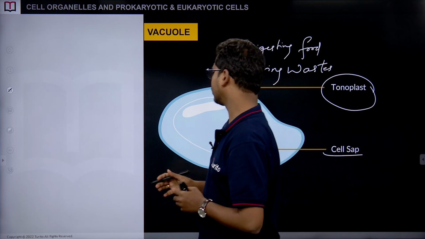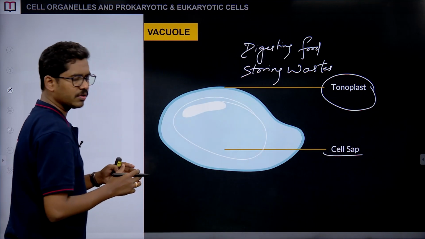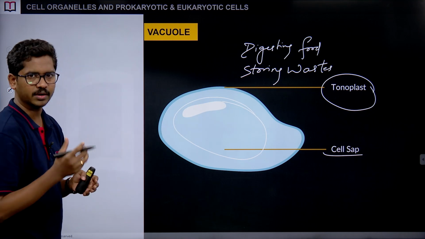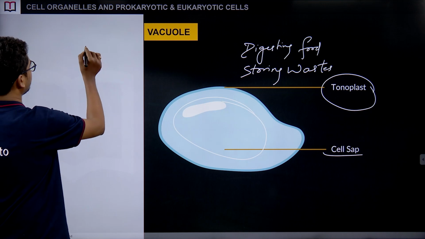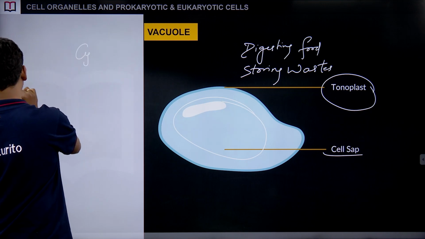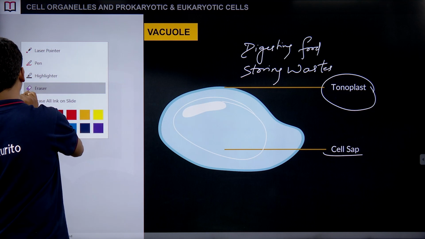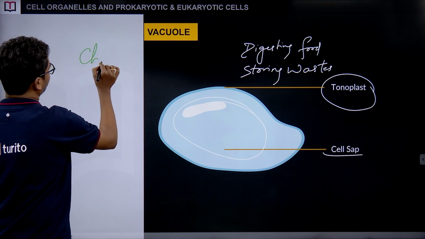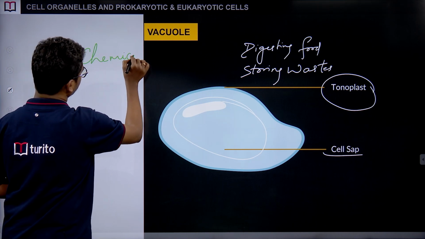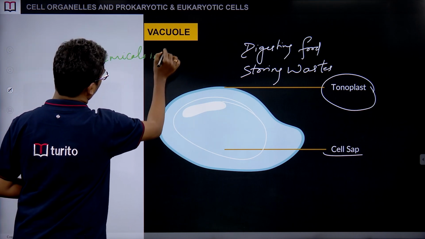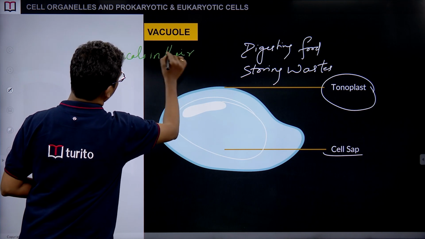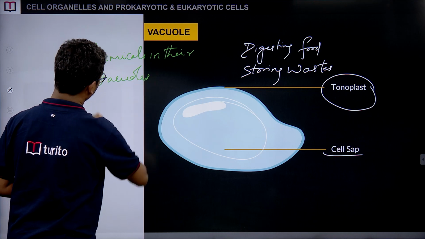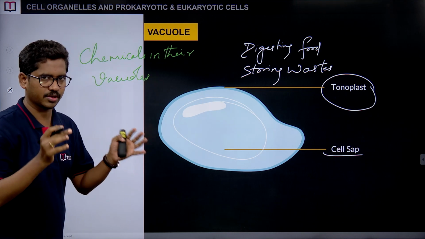What happens there is, in some of the cells of the leaves of some of the plants, what they contain is sometimes, it is not visible, some type of chemicals in their vacuoles.